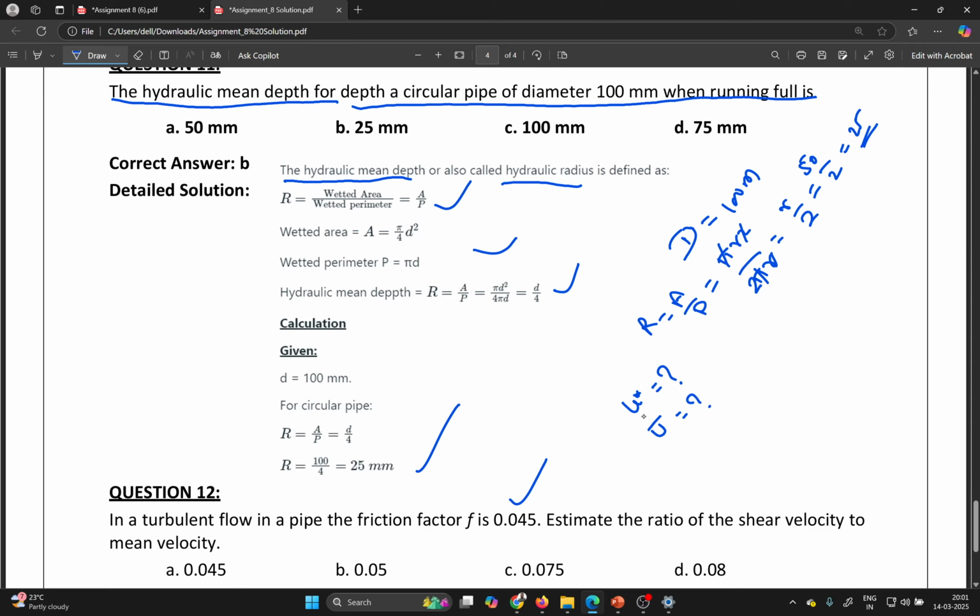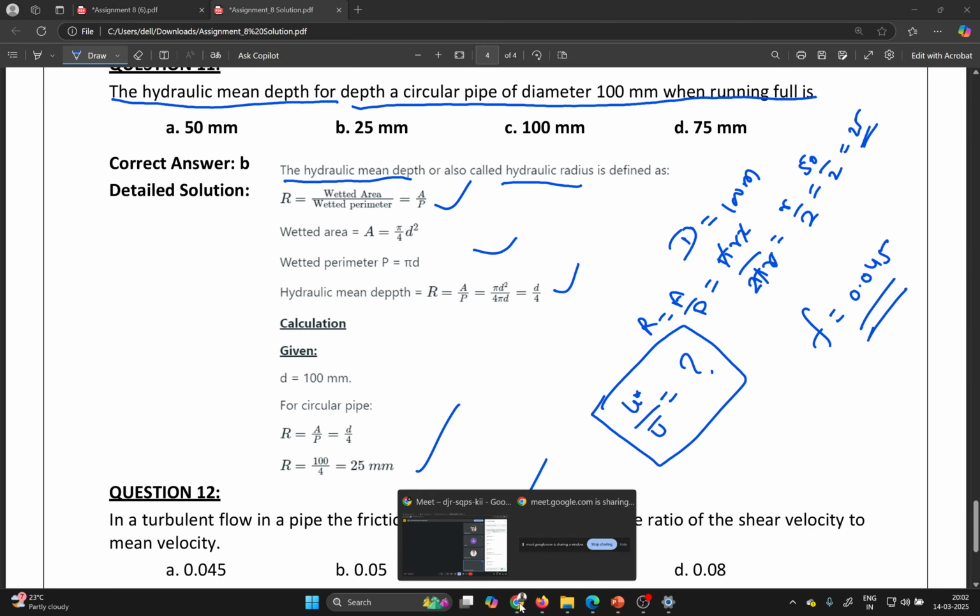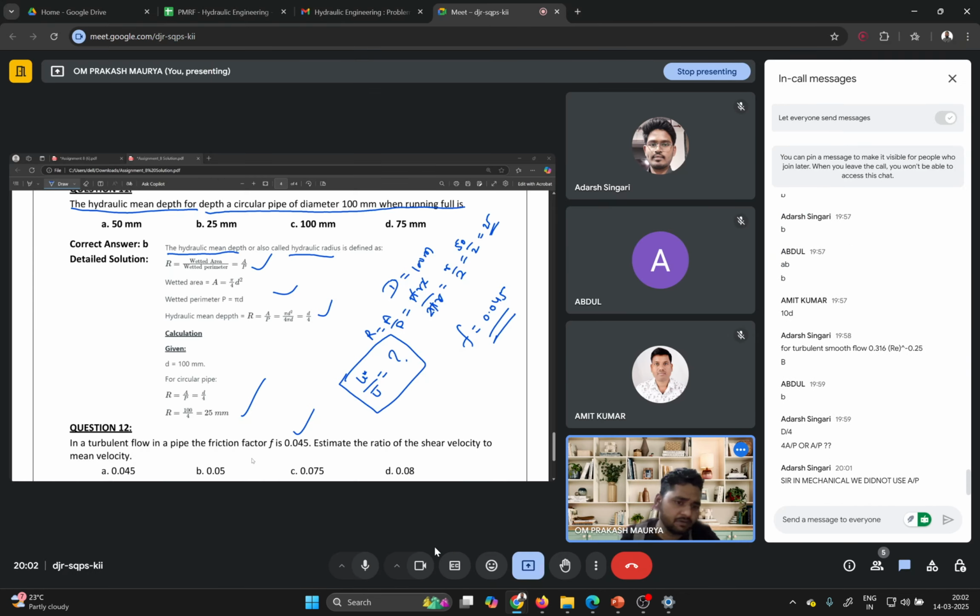That is the ratio you need to calculate. If the friction factor is given as 0.045. Everyone please, this is the last question for today's session.